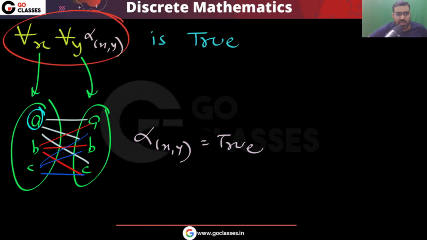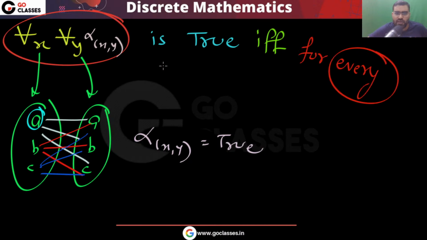I hope this point is clear. So remember, this is true if and only if for every pair x comma y, this alpha must be true.